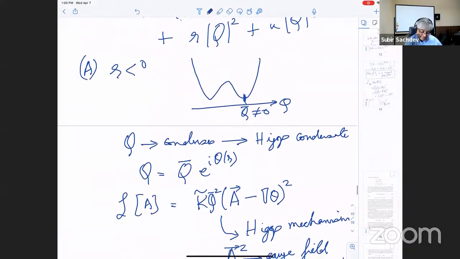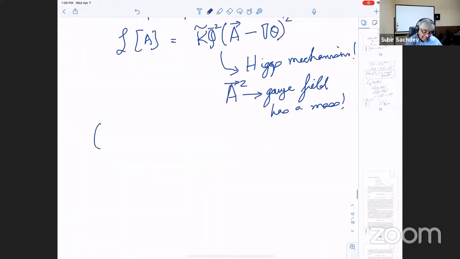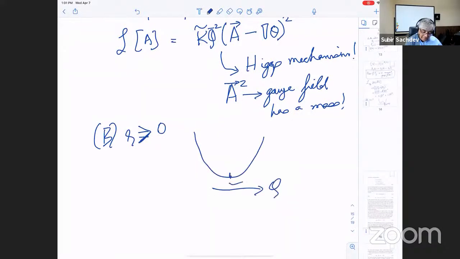However, and I'll just stop with this, there's another phase, B, where R is greater than 0 in the potential. So the potential as a function of Q now here, the only solution is Q bar equals 0. So far, I've said there's no such solution, but we'll find now once you put in the P term that there is such a solution.